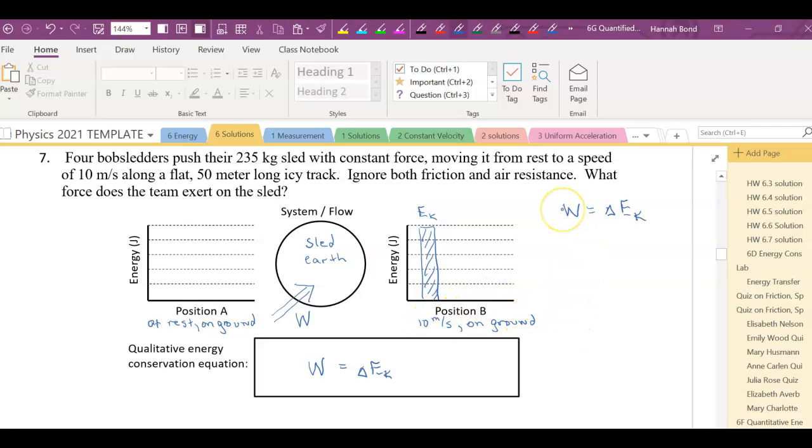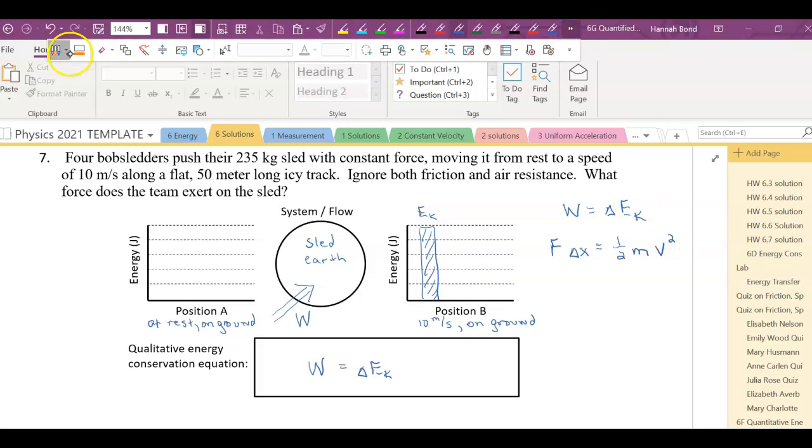Well, the place I'm going to see that force is if I try to calculate the work as the force that's applied multiplied by the displacement that it causes. And the kinetic energy I could calculate as 1/2 the mass of the sled times its velocity squared.